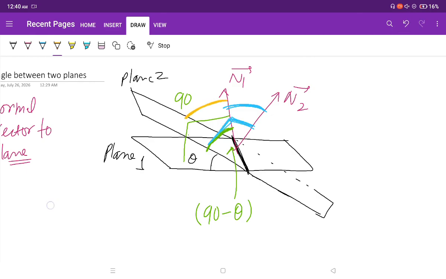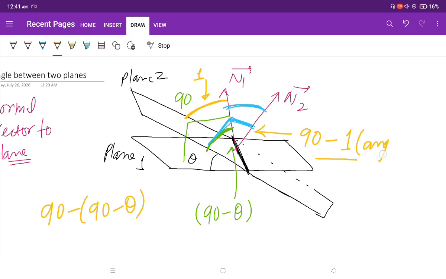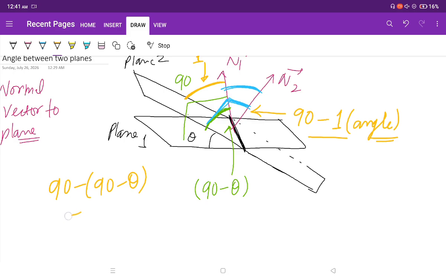So if I subtract 90 minus theta from 90, that is this whole angle, this blue color angle, we get 90 minus (90 minus theta), which equals theta.